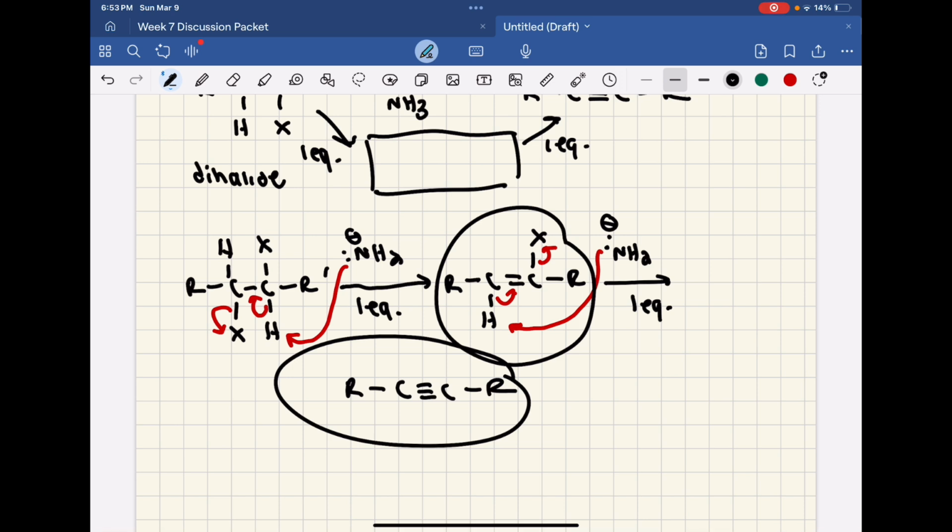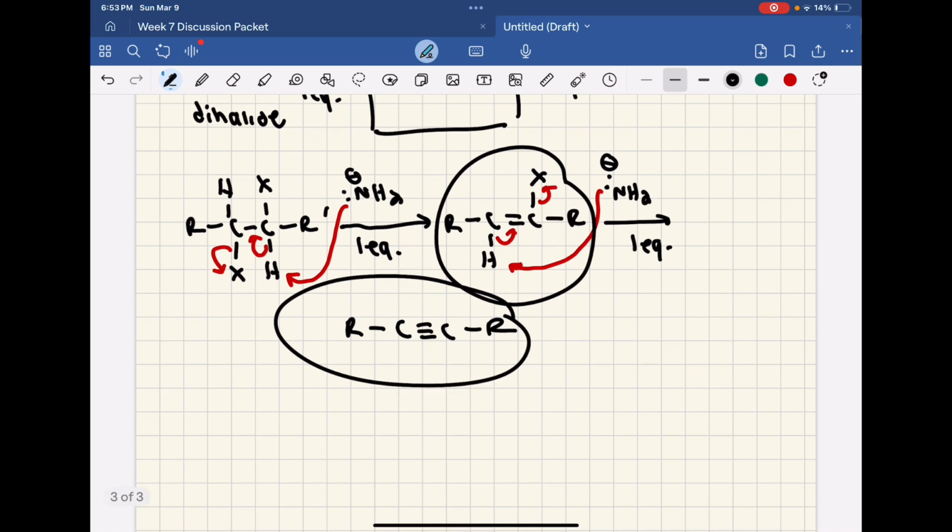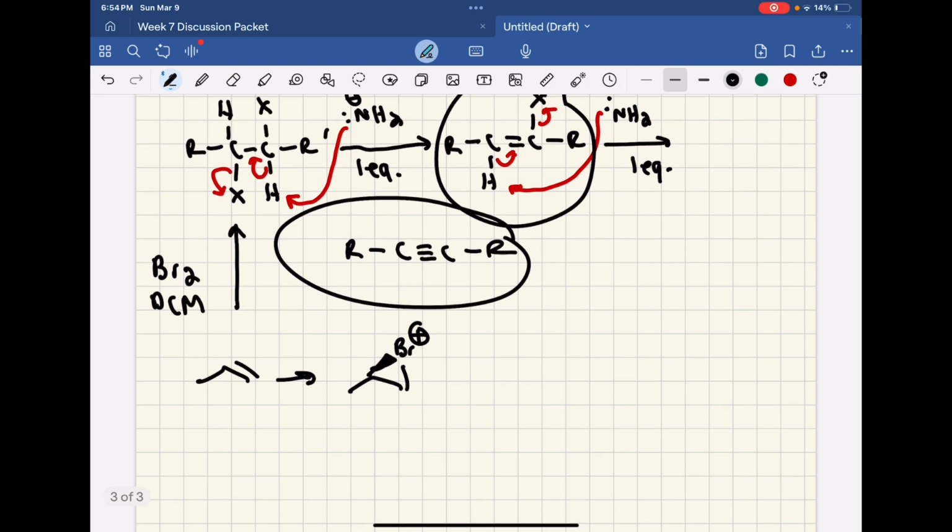So remember, how do we form a dihalide? Just to keep these things in mind, we should know how to make that from an alkene. And remember, that was the simple bromination reaction with something like DCM. Remember that could form that halonium ion bridge. Let me bring your attention back to this. It could form that bromonium intermediate, and then the other bromine anion attacks in a mechanistic fashion from the back face, so that we had anti-addition.